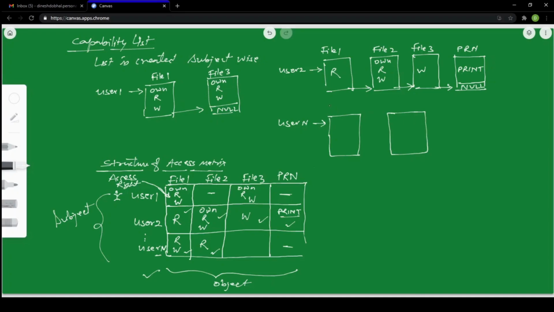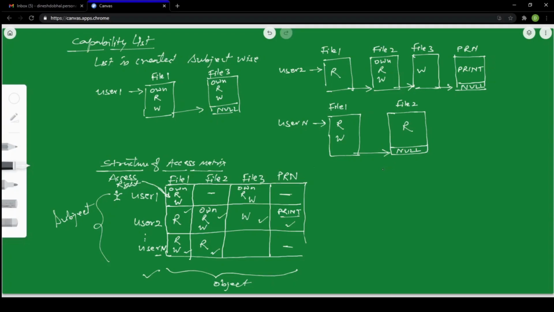The first block is for first object, which is file 1, and the second block is for the second object, which is file 2, and both are linked together in a linked list. The user n on the file 1 is having read and write permission, whereas for the file 2 it is having read permission. These lists are known as capability list.